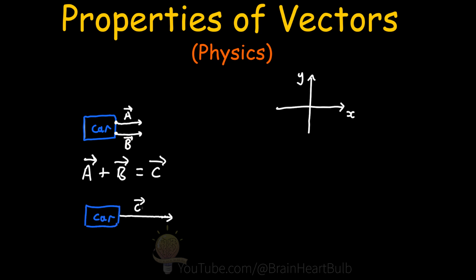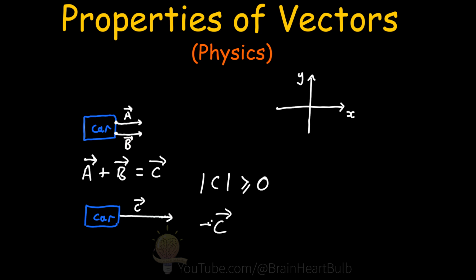Another point to mention is the magnitude of a vector, which we can represent like this, for example, can never be negative. It's always above or equal to 0. Now, vectors themselves can be negative. So, for example, this is allowed.